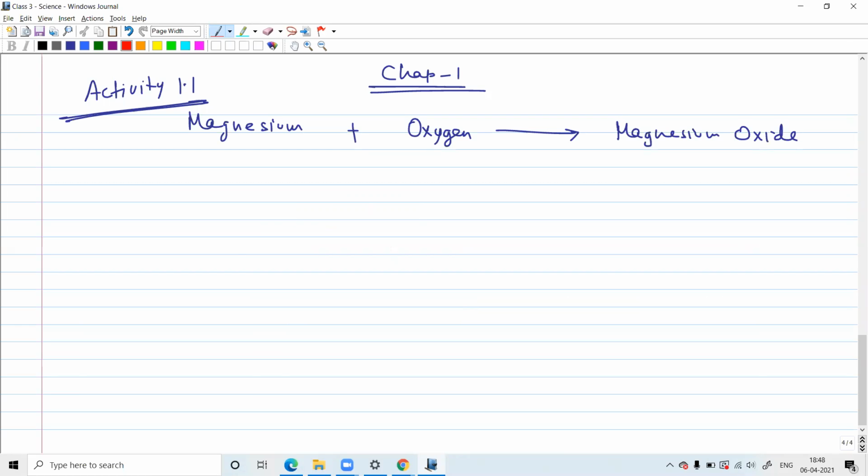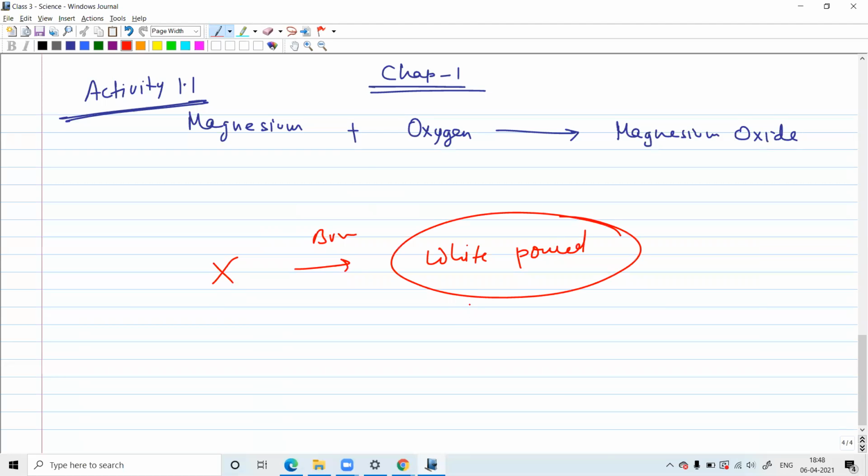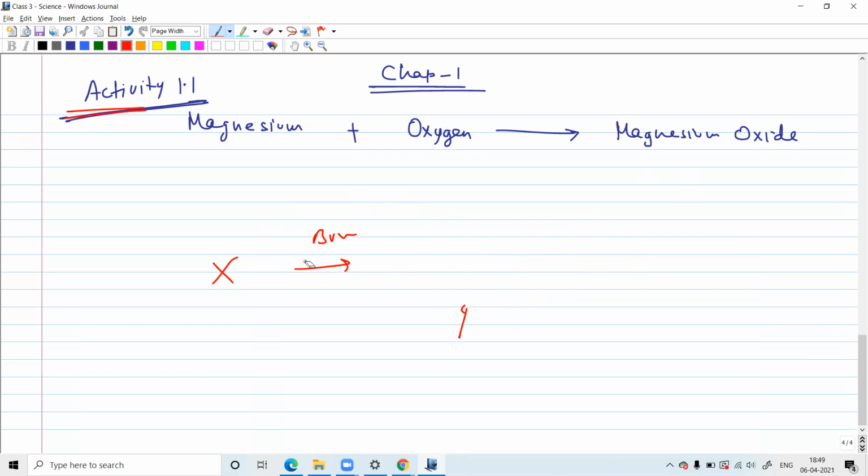They'll just tell you there is a compound X, you heat it or you burn it, and there will be a white powder formed. So just by knowing this white powder, you should figure out that they are talking about this particular activity. This white powder is nothing but magnesium oxide. So these wordings are important. Don't take it lightly.